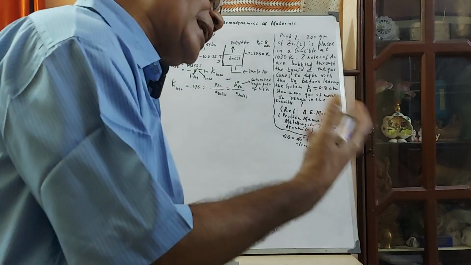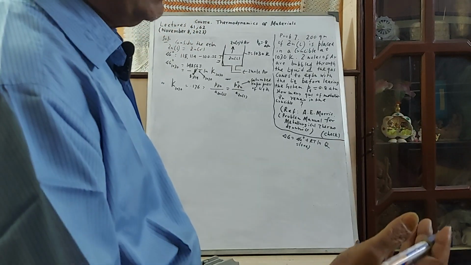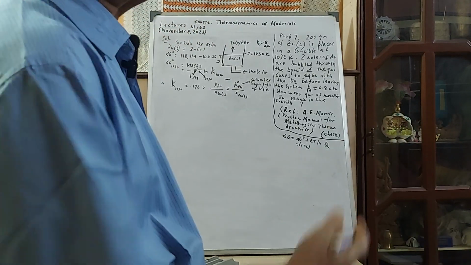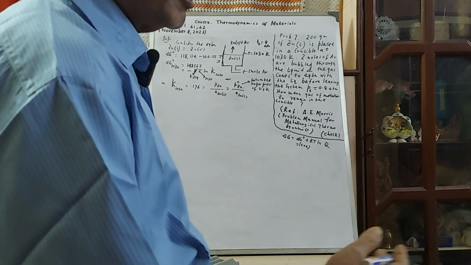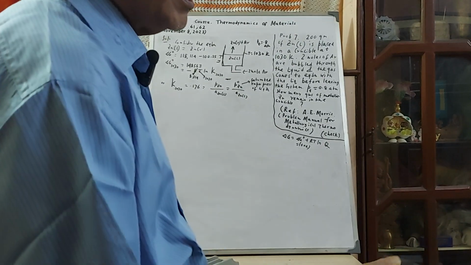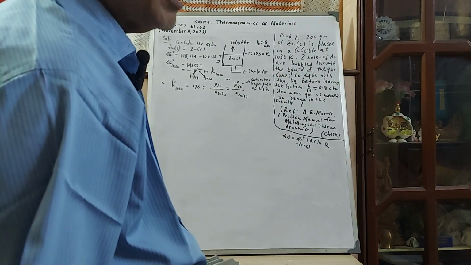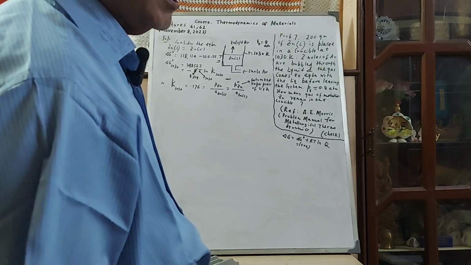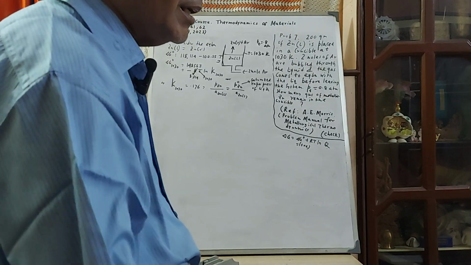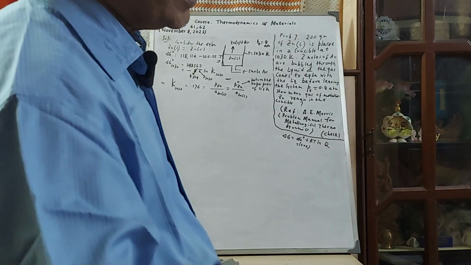Spontaneous means you have to consider any temperature. Spontaneity can be applied at any temperature. So iron is made spontaneously at high temperature. If you reduce it, who stops it from being reduced? At that temperature it will reduce. That is the fate. At low temperature, this iron will be oxidized.